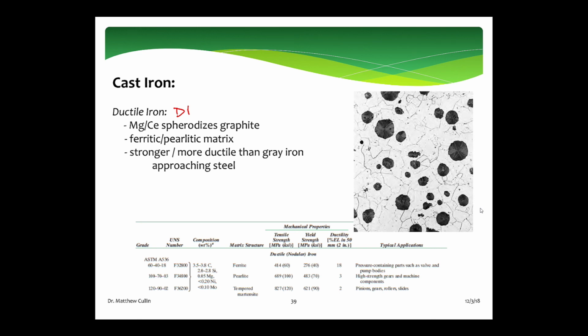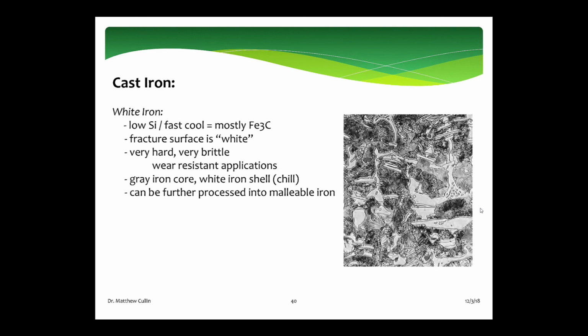So, white iron. White iron has low silicon, and generally we're going to form mostly iron carbide. It's called white iron because if you fracture this surface, the iron carbide reflects really brightly, and you get this really reflective surface. In almost every gray cast iron casting that you have, there's a little bit of white iron.